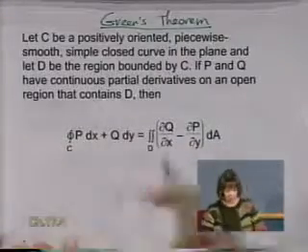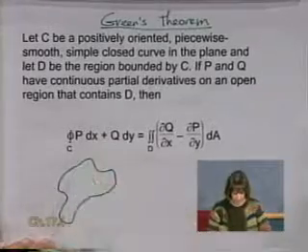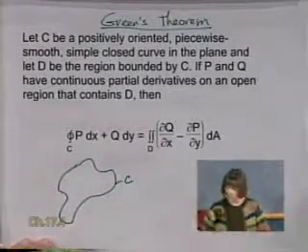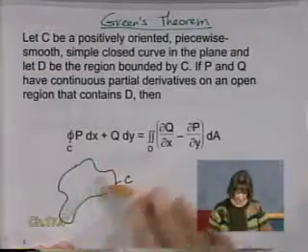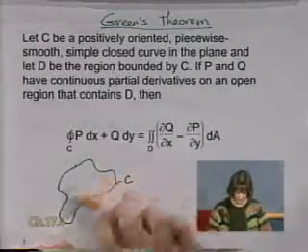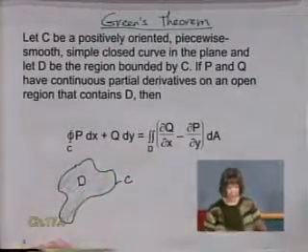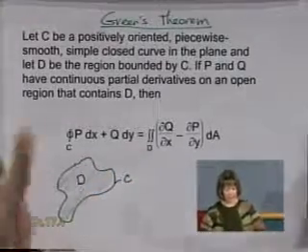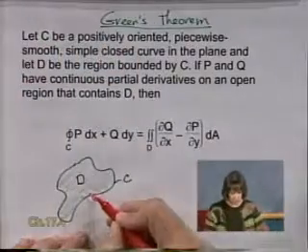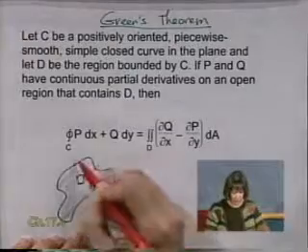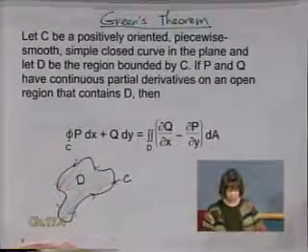Notice what they're doing here. You have a simple closed curve. Okay, there's your curve C. Your D is the interior of this region. D is the interior along with the edge. All right? Now, first of all, C, you have to have positive orientation. So we're doing our line integral around C in a counterclockwise direction, like that.